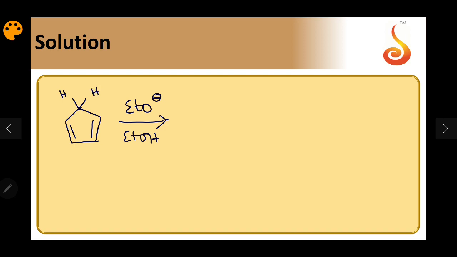Because if you lose the proton in that position, we get a carbanion which is an aromatic carbanion. So the acidic strength of these hydrogens is more, so this will take the proton. So I can say minus EtOH, so you'll get the nucleophile like this.